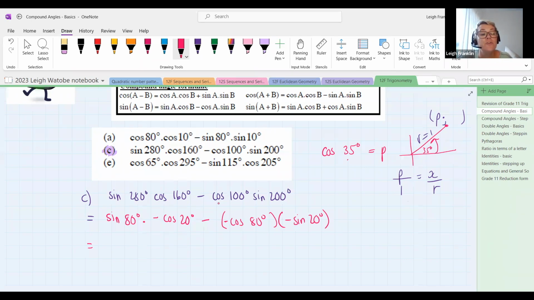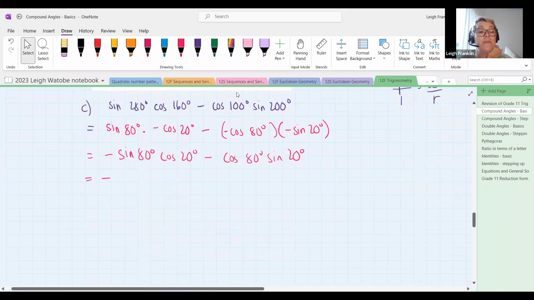So in our first term, we have a negative times a positive. That gives us a negative. So we've got negative sine 80 cos 20 minus, and then a negative times a negative is a positive, and a positive times a negative would be a negative. So this would end up being cos 80 sine 20. Now we've got sine cos, cos sine. The problem is we've got the negative over here, so we would have to take the negative out. We would have to do our switch round like we've spoken about before.